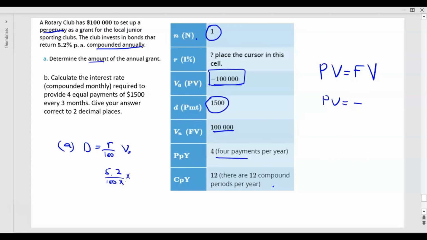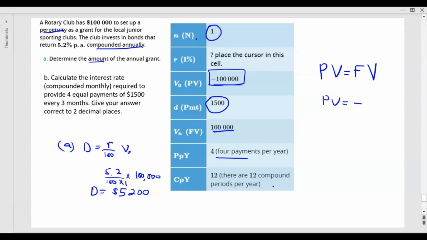Then multiply by the amount that was invested, which is 100,000. The investment will make a 5,200 return every year. That's the amount.